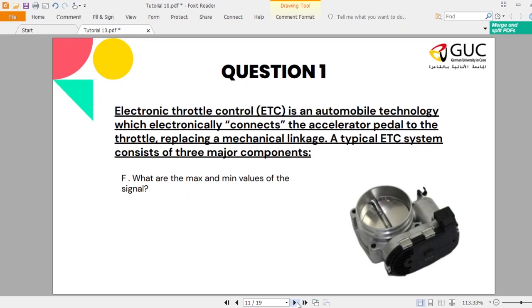Okay, getting now to the last question, which says, what are the maximum and the minimum values of the signal?